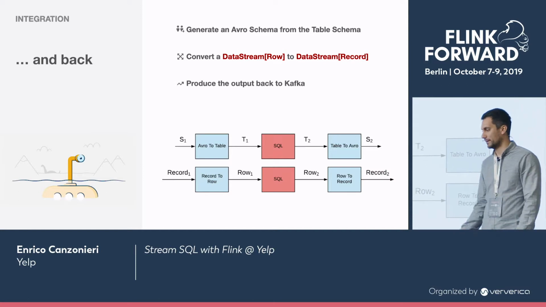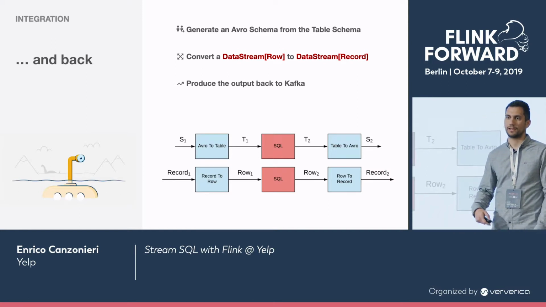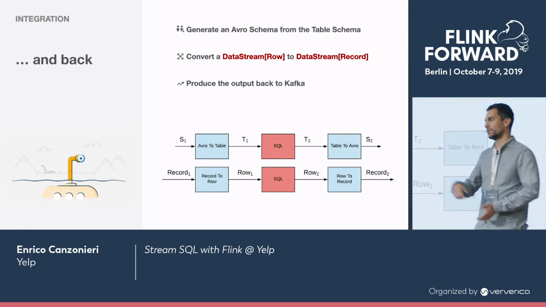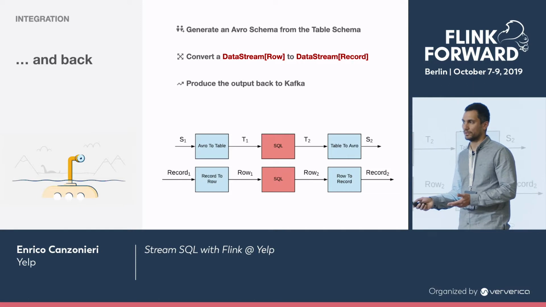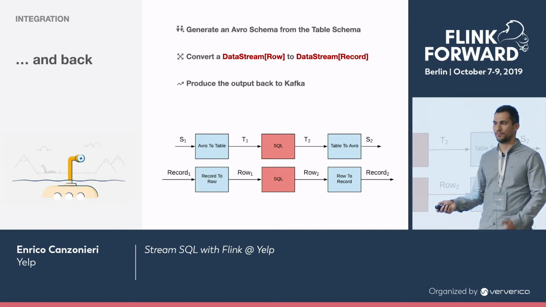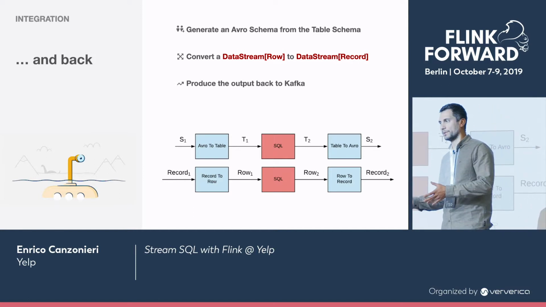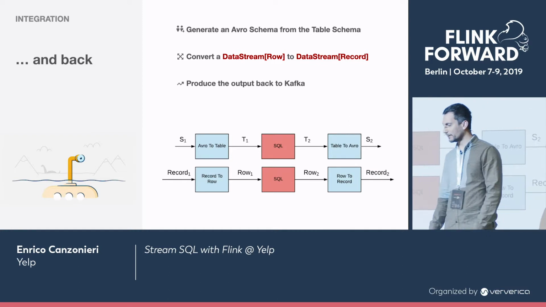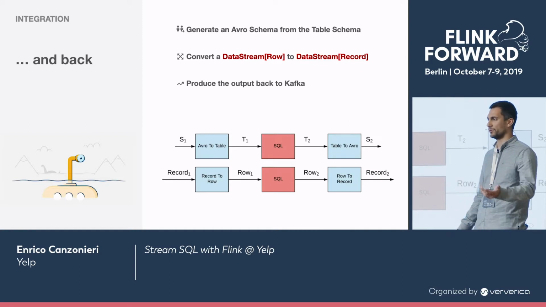So we read from Kafka, we do this translation, we execute the query, and then we go back into a record that we can ingest back into Kafka. So we extract a table schema from an Avro schema, and then after we apply the transformation, we extract an Avro schema from a table schema. And same goes for the record, where we go from a row to a record.